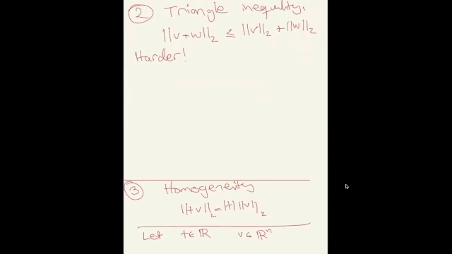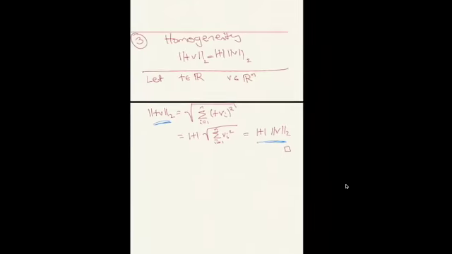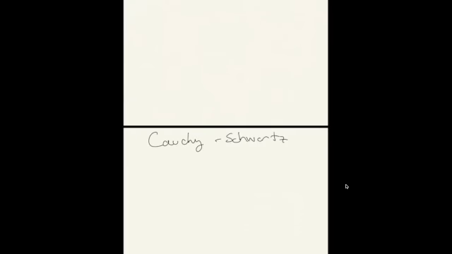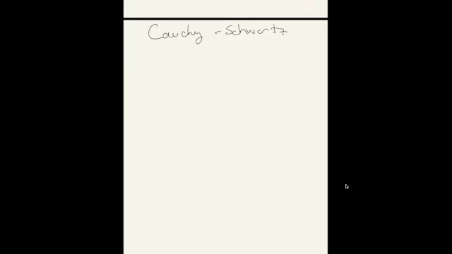So with this, we're left with verifying the triangle inequality. Now, the triangle inequality involves a couple of tools to prove it. The first is a very important inequality in and of itself, called the Cauchy-Schwarz inequality.